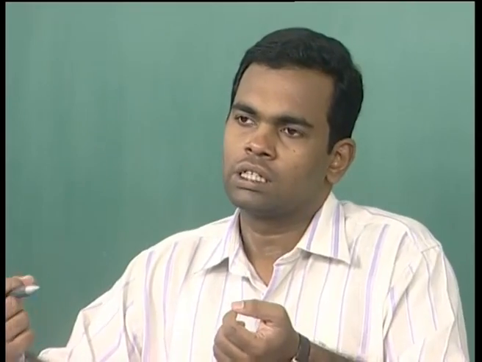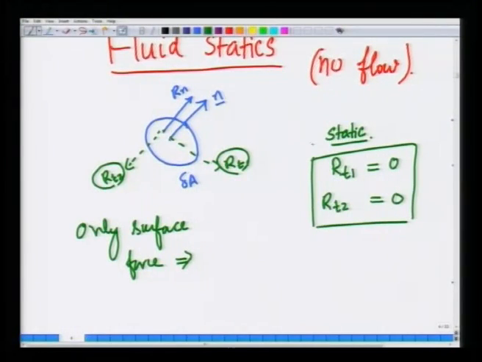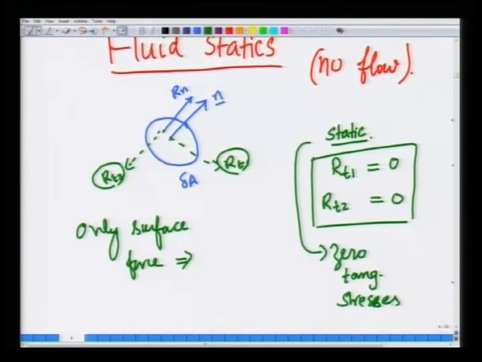Even at the slightest application of tangential stress, the fluid will start moving. So, therefore, we can conclude safely that in a static fluid the tangential stresses are 0. Okay. So, 0 tangential stresses, and the only surface forces must be purely normal to any surface.